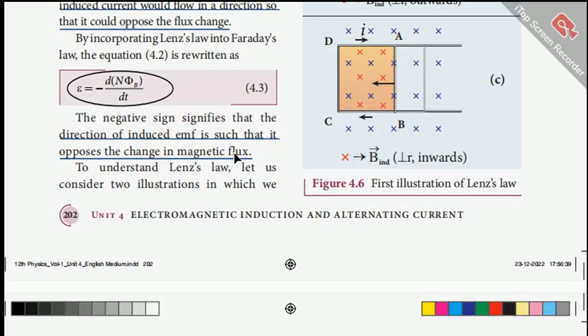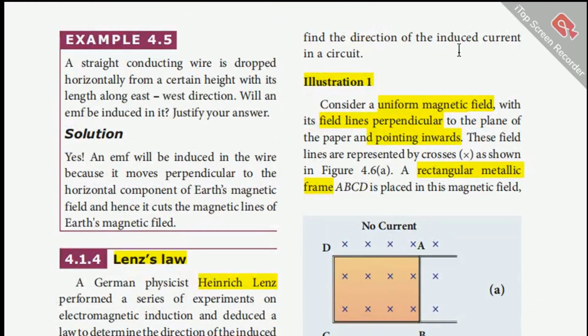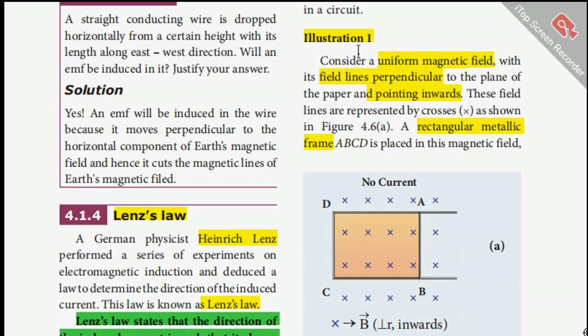So to understand Lenz's law, let us consider two illustrations in which we find the direction of the induced current in a circuit. Now the first illustration. For this, let us consider a uniform magnetic field with its field lines perpendicular to the plane of the paper and pointing inwards.